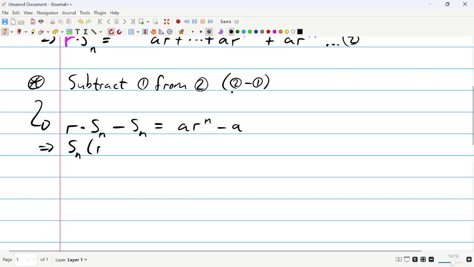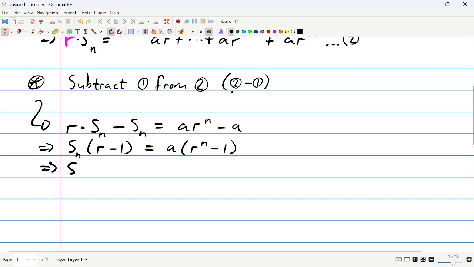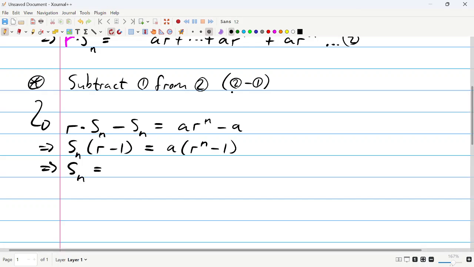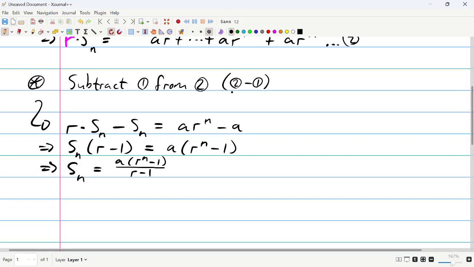So then we have R minus 1 into Sn. And then this is equal to, we can take out A as a common factor, and then we have R to the power of n minus 1. And then we need to solve for Sn. So we'll divide both sides by R minus 1, and therefore we're left with A into r to the power of n minus 1 over r minus 1. Okay, and there's our first equation.